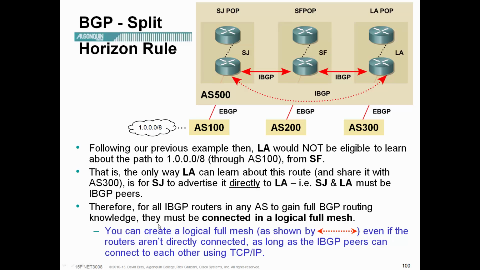Therefore, in general, for all the internal BGP routers in any AS to gain full BGP routing knowledge, they all must be connected together in a logical full mesh. And here in purple, we're reminding you that you can get the full mesh even if you're not directly connected, because iBGP peers only need to be connected via TCP connection.